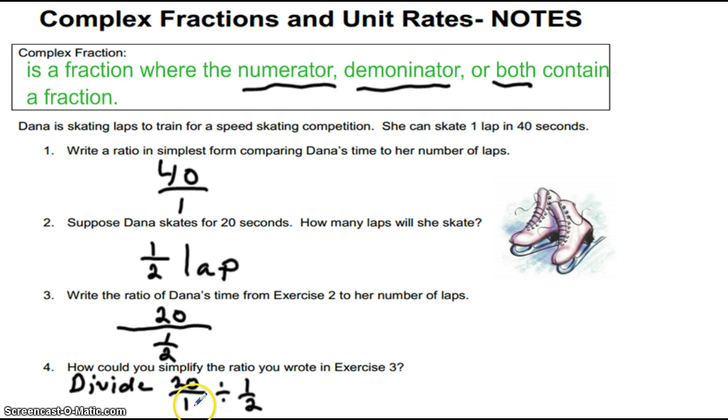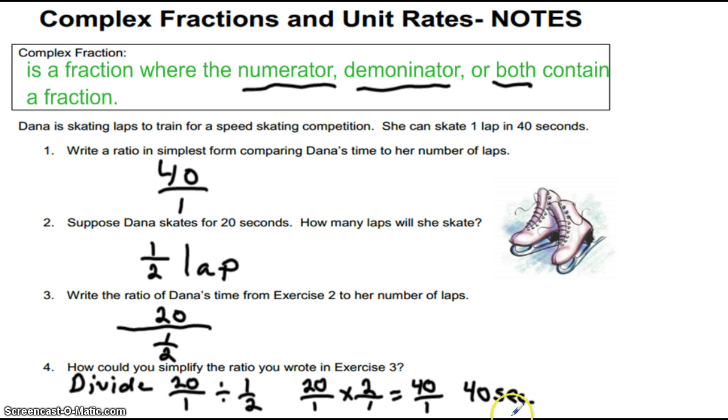And if you remember, as far as how we divide, we actually multiply by the reciprocal. So here we're going to have 20 over 1 times 2 over 1, and that will get us 40 over 1, or 40 seconds.